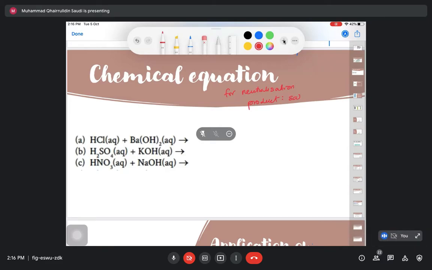Good, salt and water. So we write it down, siap-siap dekat sini. Next, kita cuba identify what are the ions.